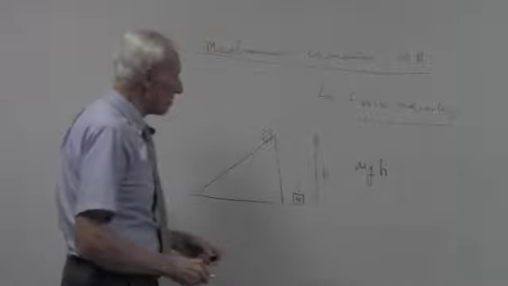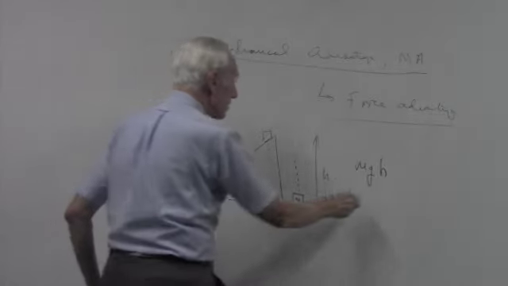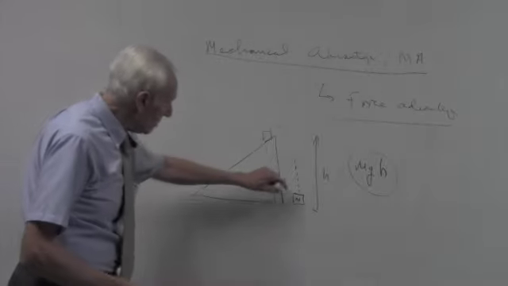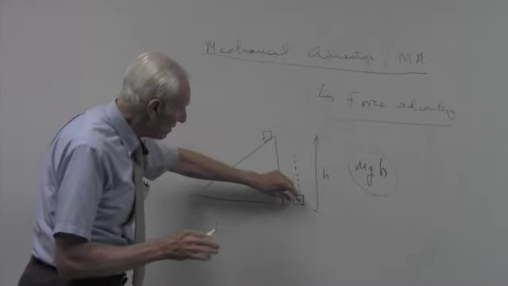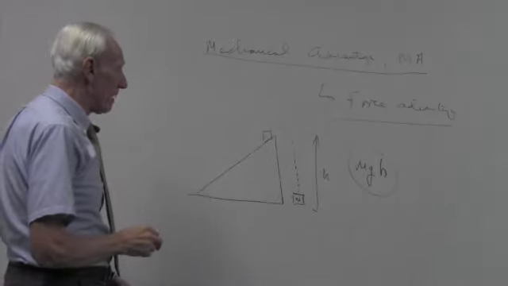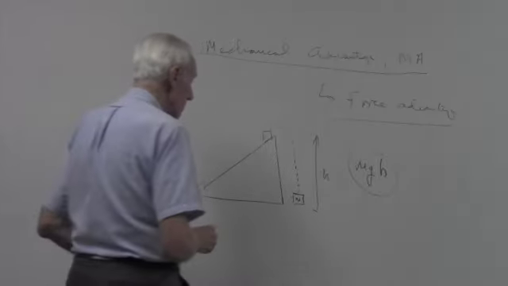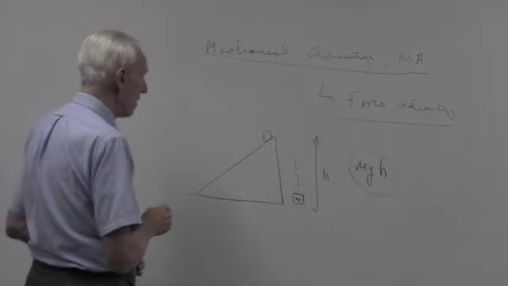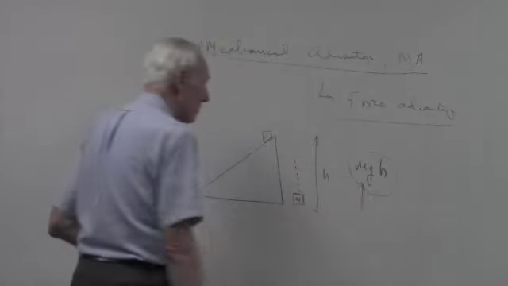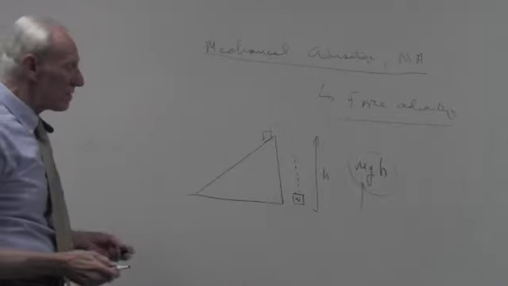H is how high you raise it off the ground, and so this is the amount of work done by moving this mass from rest up here and putting it up on top of the incline from rest. Okay, that's the amount of energy involved, and then the force that's involved is, of course, that force there. That is called weight, of course.